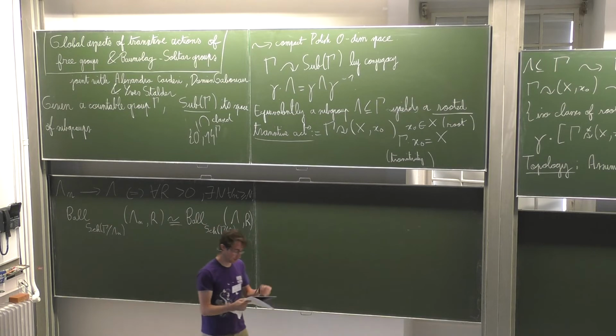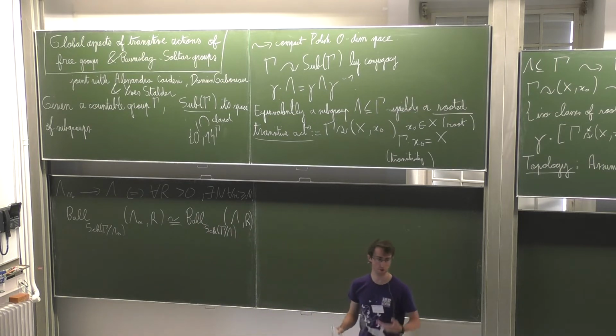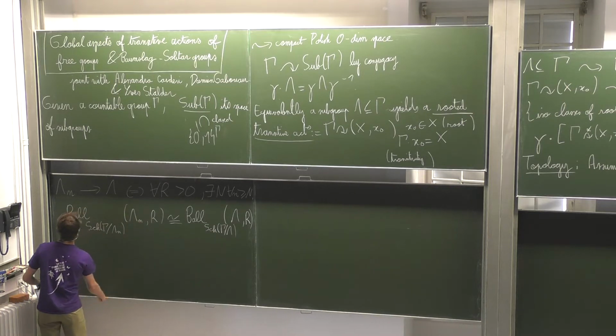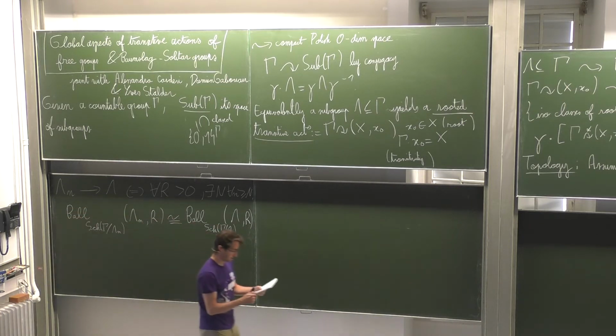So this is a geometric way of understanding convergence in our space of subgroups. This is an easy exercise, but an important one.